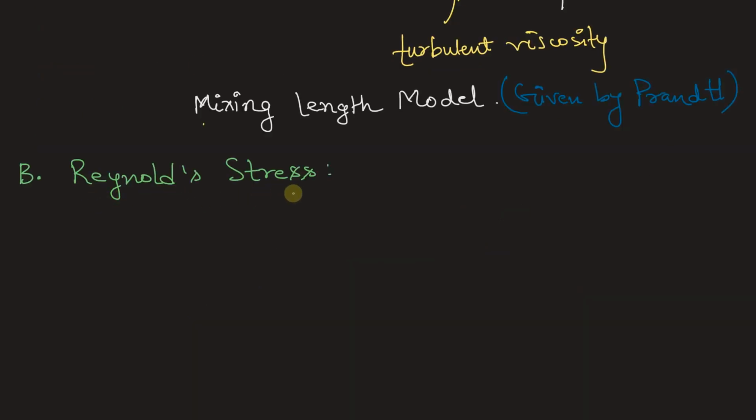Now let's define Reynolds stress. The Reynolds stress tensor for a homogeneous fluid can be written as tau ij equals rho times the mean of ui dash uj dash. Here tau ij is the Reynolds stress tensor, rho is the density of the homogeneous fluid, and ui dash and uj dash are the fluctuations in velocity in the i and j directions respectively.